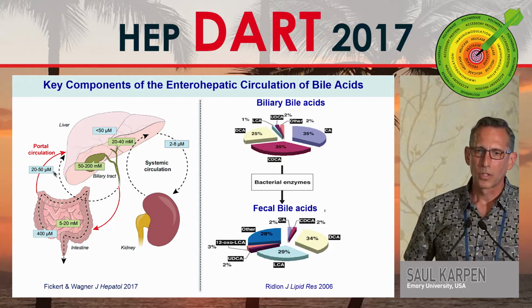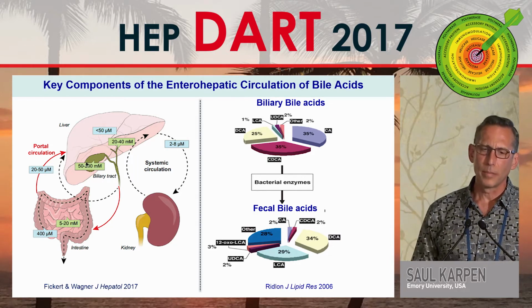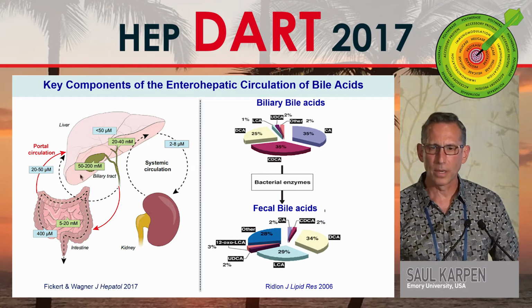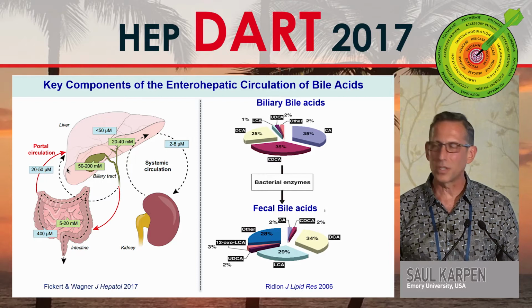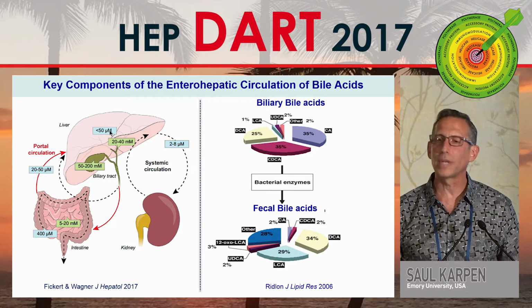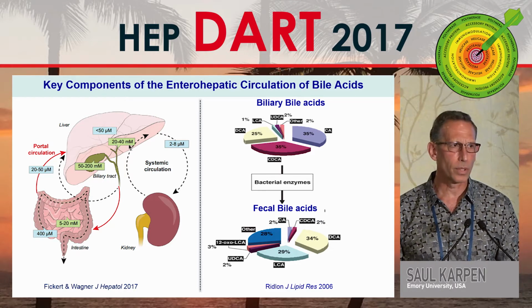All right. So what are some of the other key components in the primer? On the left-hand side is a really nice picture from an article in Journal of Hepatology this year from Fickert and Wagner, just showing you that the concentrations are not really low. In the liver, in the 50 micromolar, there's no typos here, by the way, so the Ms are truly millimolar, not micromolar concentrations.